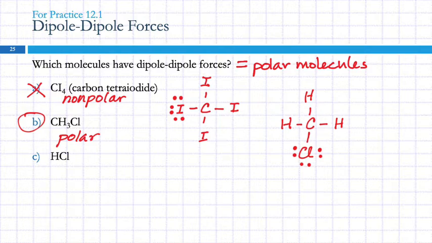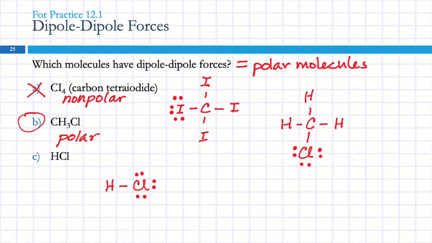How about HCl? These diatomic molecules are the easiest because they only have one bond. If the bond is polar, the molecule's polar. Is this a polar bond? How do we know? Those are 2 different elements.